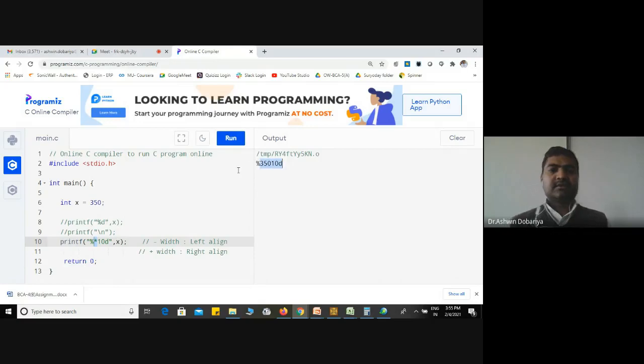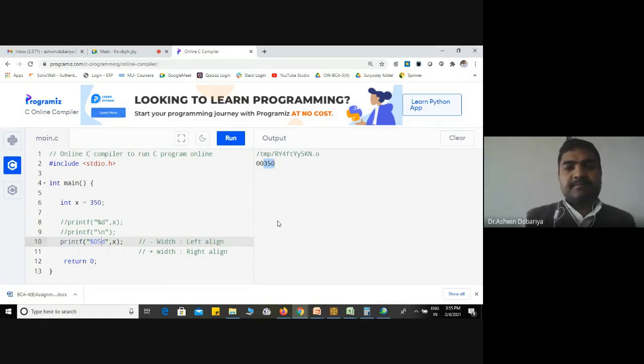No, it is not supported by star. So only 0 is given over here. If you place the 0, you count the 0s, it is 7 zeros. If instead of 10 I place 5 over here, 05, then it will place only 2 zeros and after that the number. Clear?